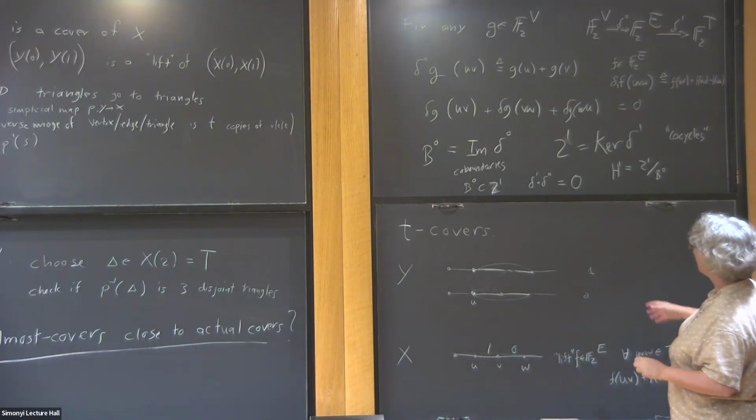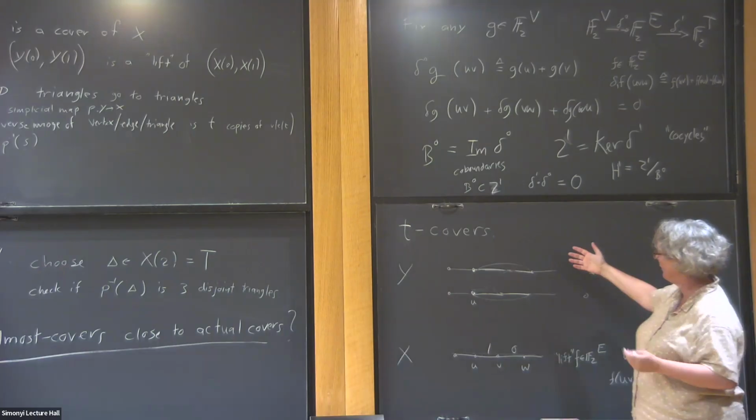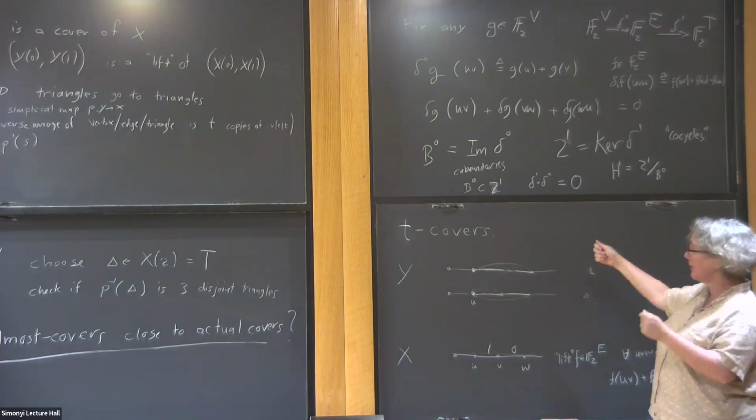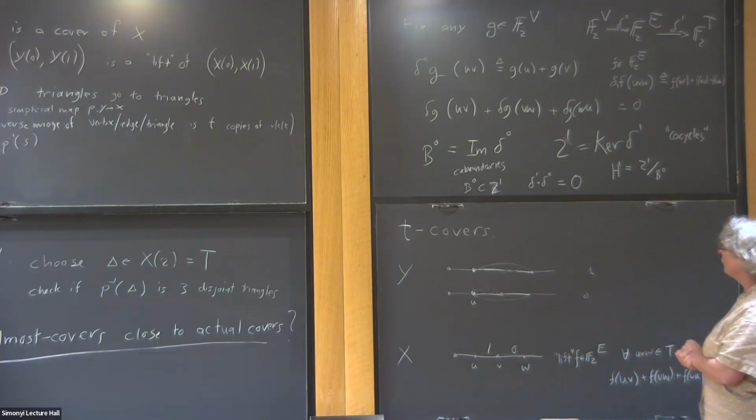Should I maybe say just a couple words on how to generalize it to a T cover? Okay, I'll say that and then continue with the main property testing question.